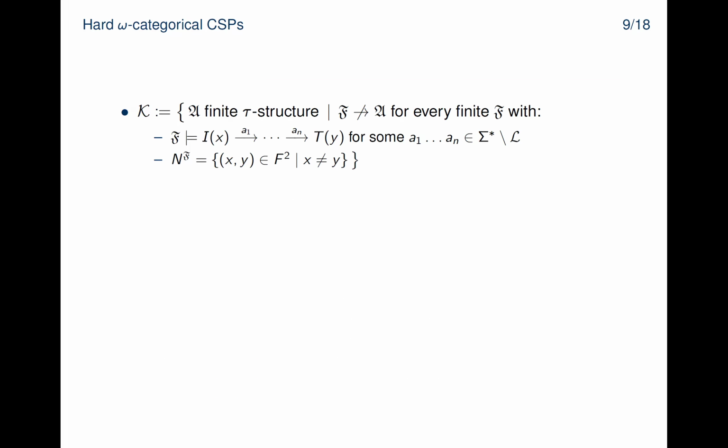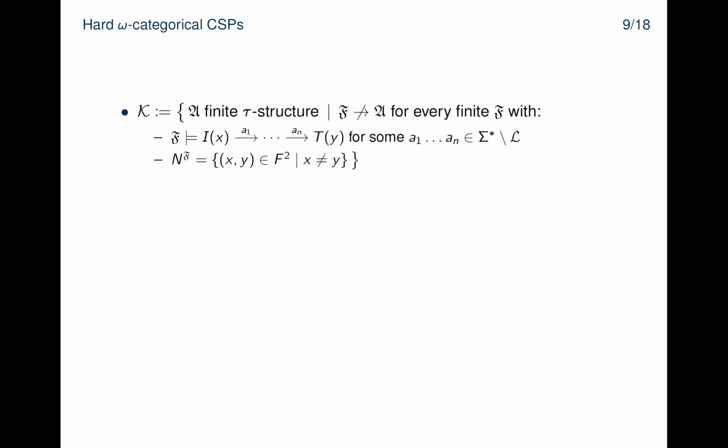Okay, so maybe I should have been less sloppy and written it out. This means I of X, and X arrow A1 to, let's say, X1, and then X1 arrow A2 to X2, and so on and so on. So there should be a chain. Okay, I see. Sorry. Yeah. Okay.